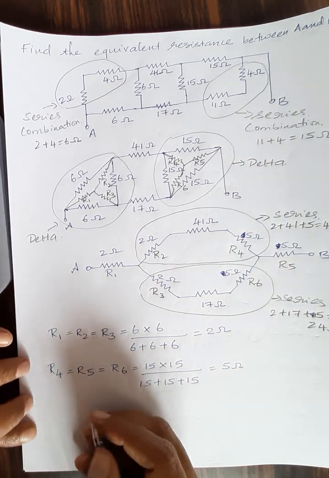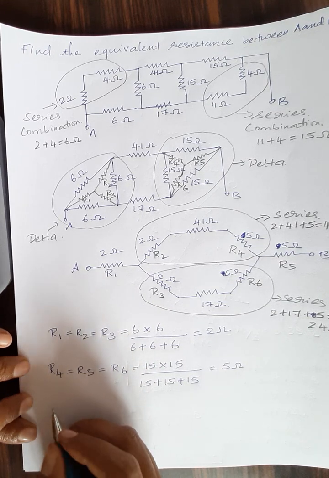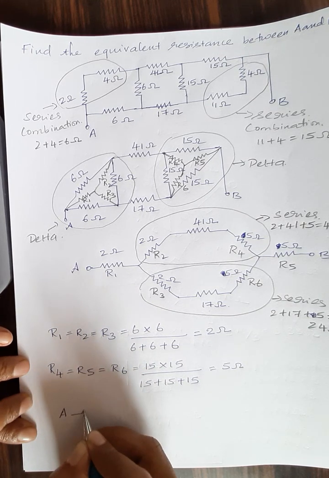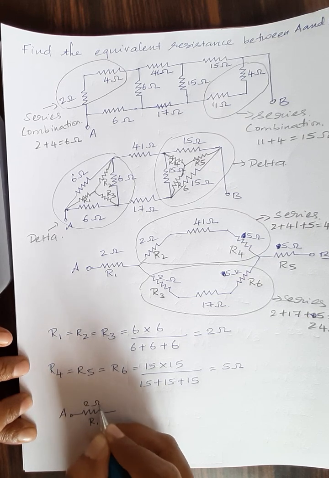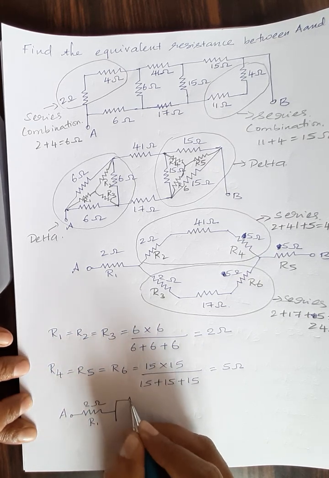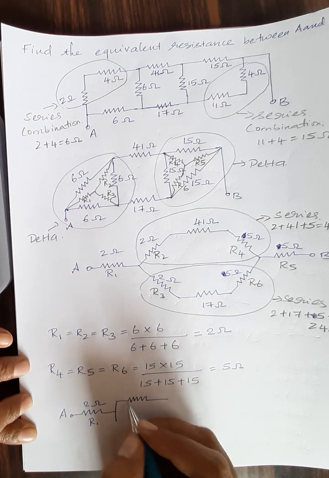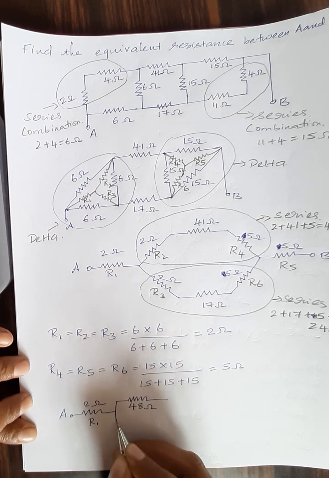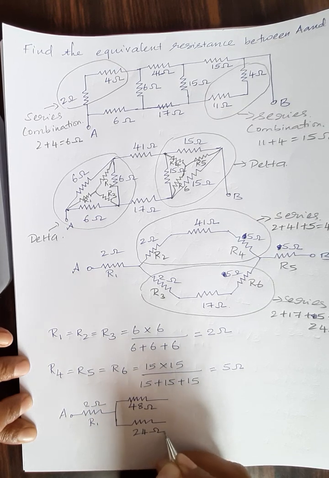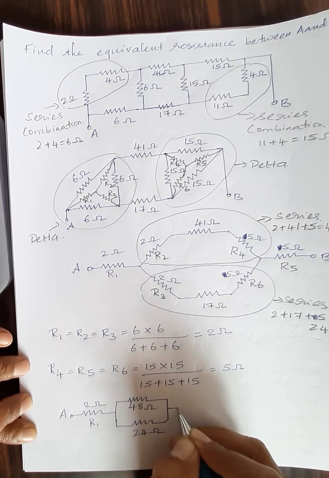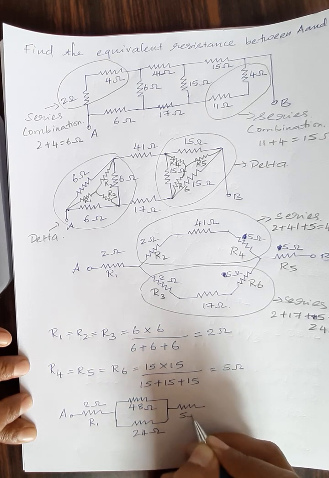Now you again redraw the circuit. A terminal resistance R1, which is 2 ohms here. Series combination you have done. So this is 48 ohms. And this series you got 24 ohms. And write the remaining circuit 5 ohm.